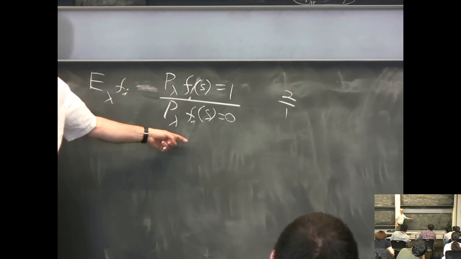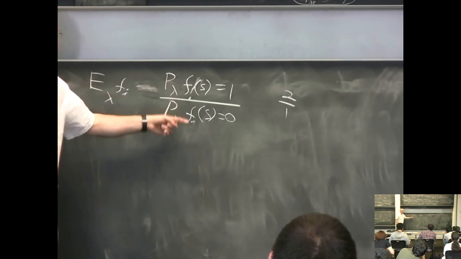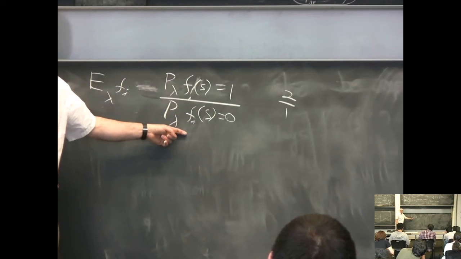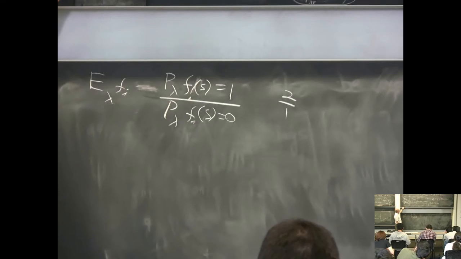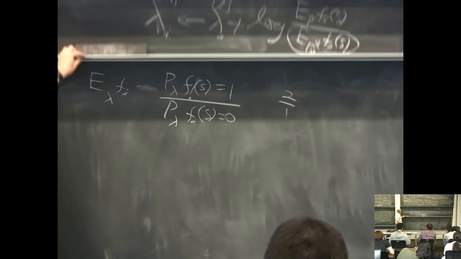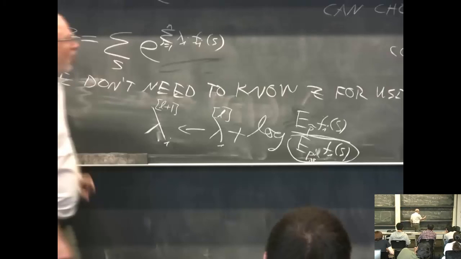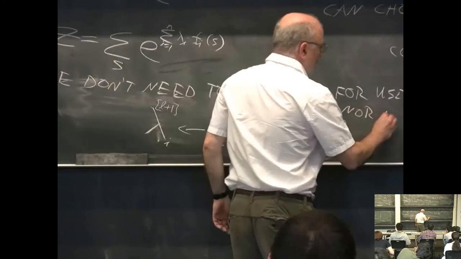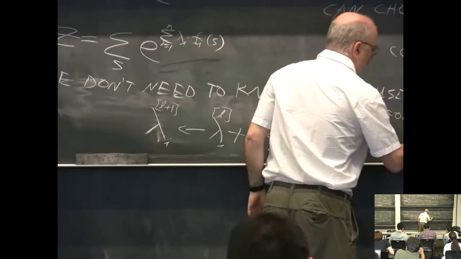But this ratio, again, cancels out Z, because Z occurs here and Z occurs here. So I don't need to know Z for using the model, nor for training the model.